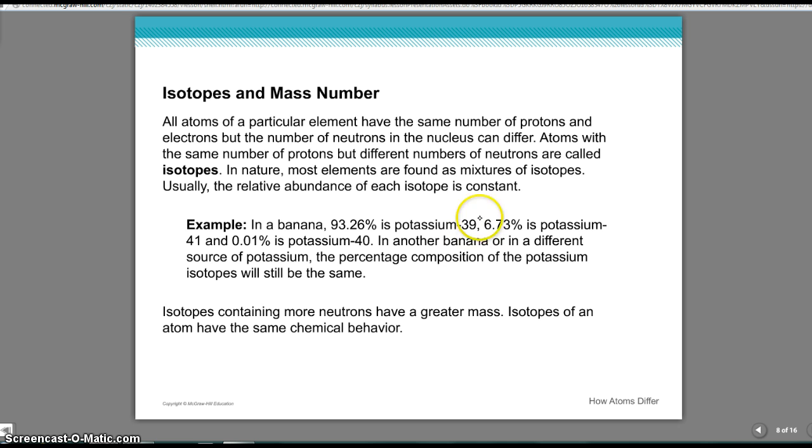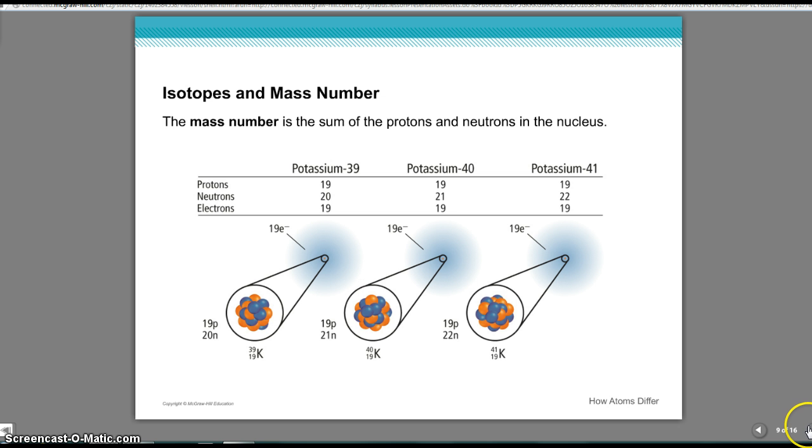Now, when you're looking at this notation right here with a name and a number after it, that number is going to represent what we call the mass number. So the mass number is the sum of the protons and the neutrons in the nucleus.